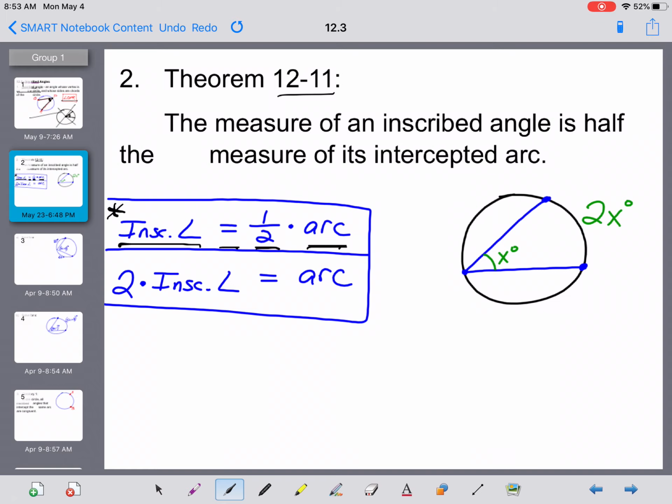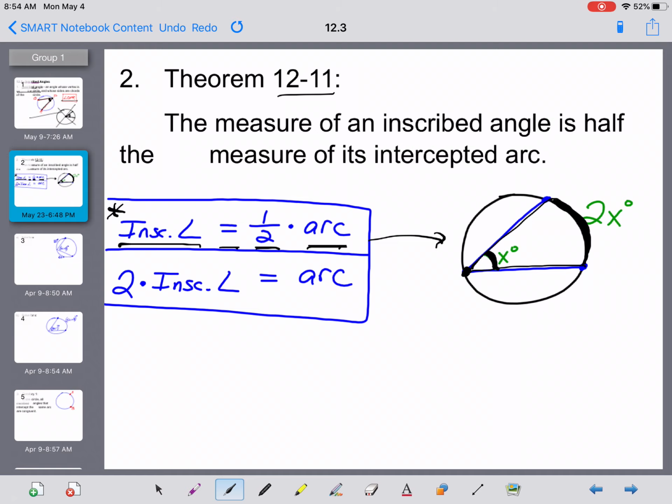So if we take a look at this diagram over here, it kind of explains what's going on. We have an inscribed angle right here because its vertex is on the circle and its sides are both chords of the circle itself. And the measure of this inscribed angle is half the measure of this arc over here that it intercepts, or that is inside the chords of that angle right there.